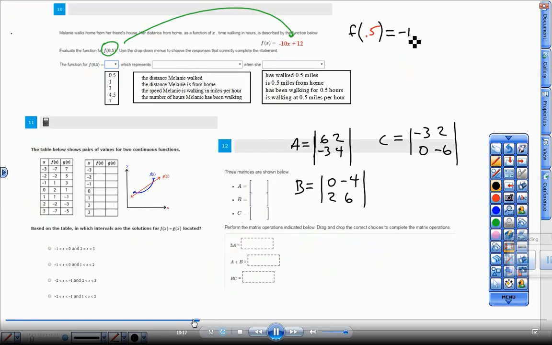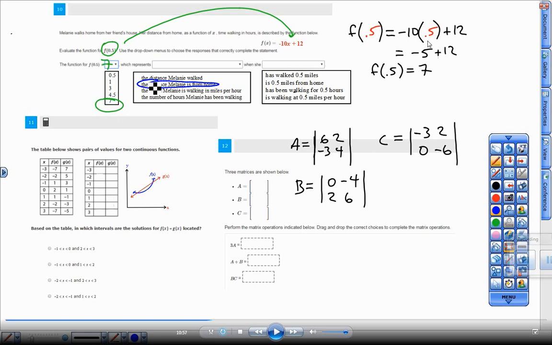All right, next problem. I changed this up a little bit. I want you to make this equation negative 10x plus 12. So if I plug in 0.5 into that x spot, the function for this one I'm giving you is the function at 0.5 equals negative 10 times 0.5, which of course is half of negative 10, which gives me negative 5 plus 12, which I can see is 7.